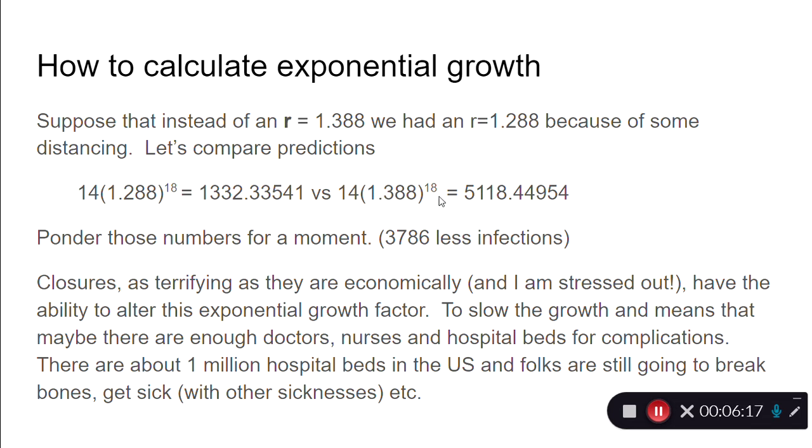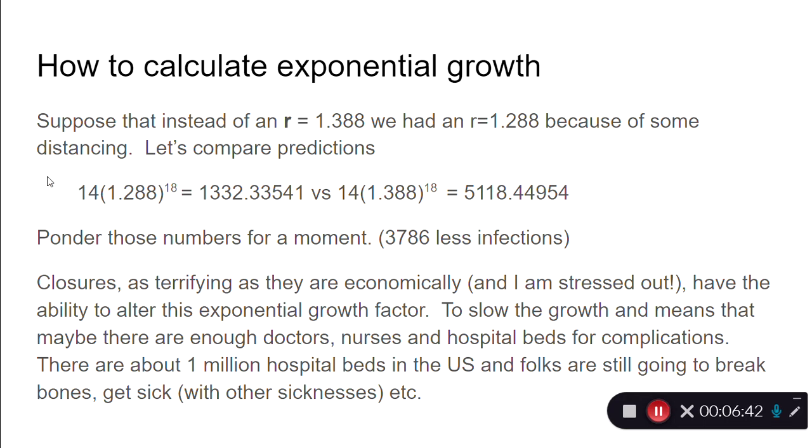So we had just computed that first Friday in April, possibly having 5,000 cases. But if we enact stricter measures on how we're associating with people, we're washing our hands, we're staying 6 feet or more away from people, suppose that lowers this R value. And that's the whole point of these measures, is we're trying to alter the growth factor.